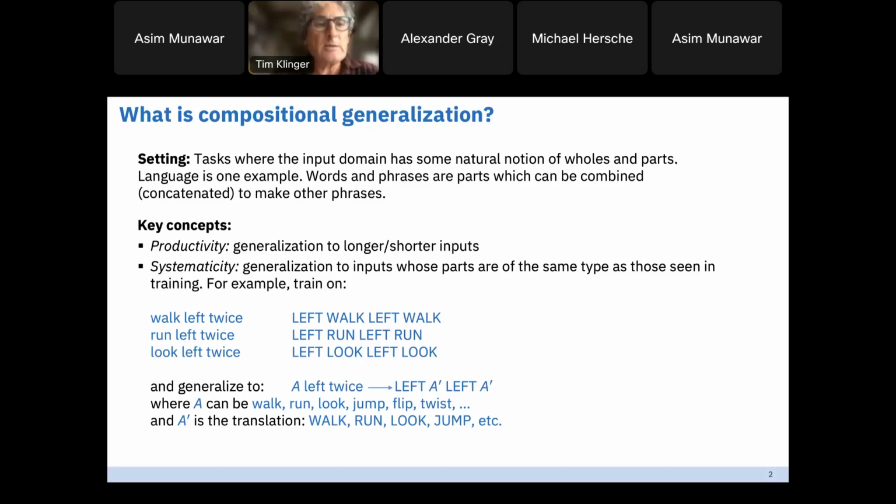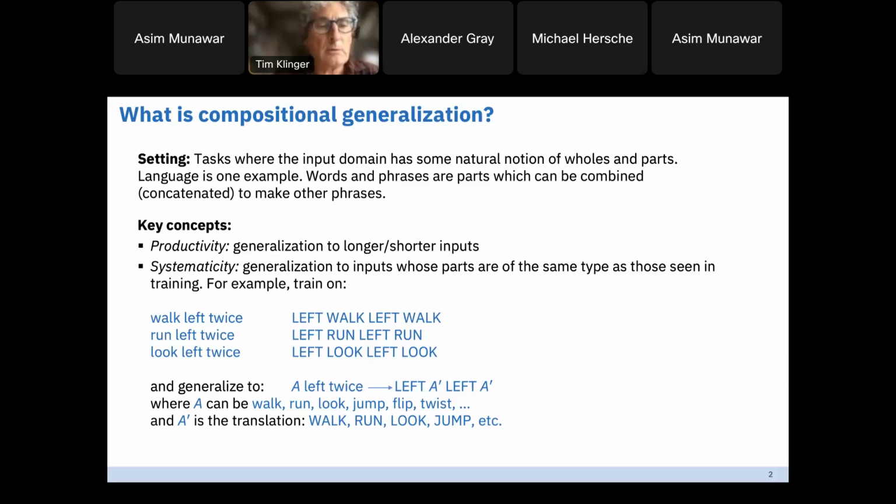The other concept is something called systematicity. What that is, you'd like your model to generalize to inputs whose parts are of the same type as the parts that you've seen on inputs during training. An example of that would be, this is an example taken from the SCAN data set.